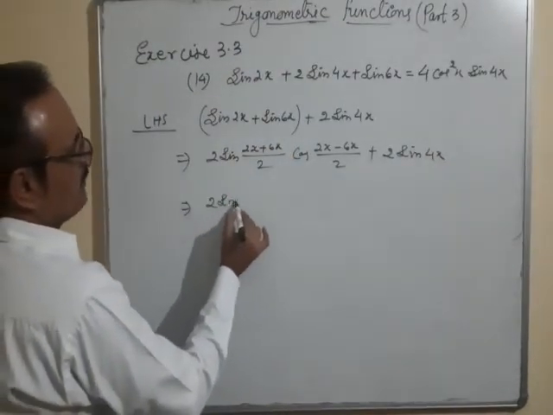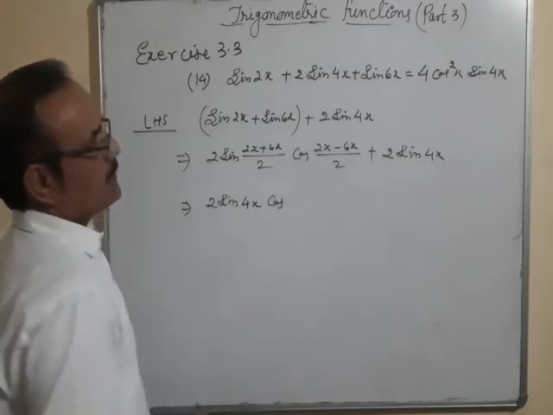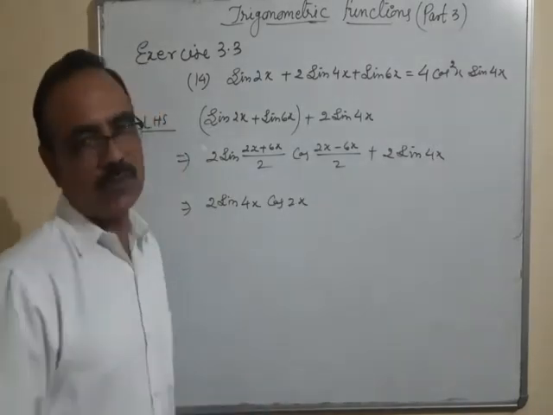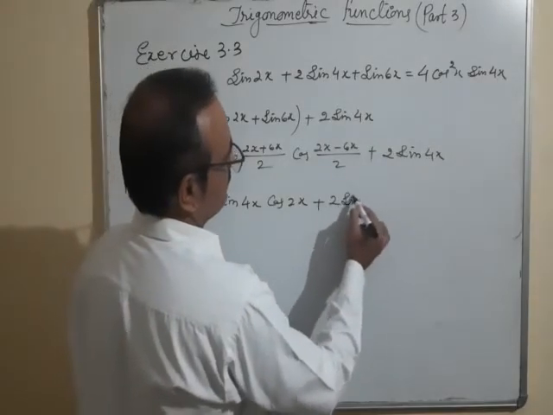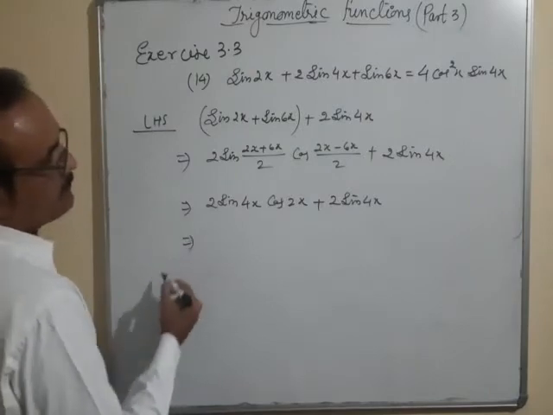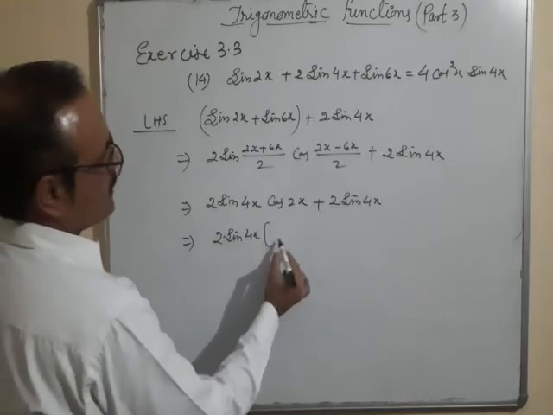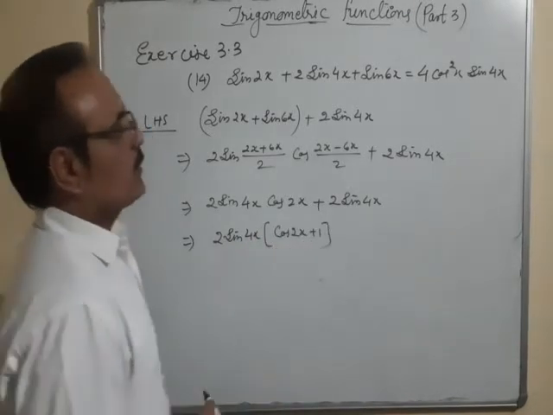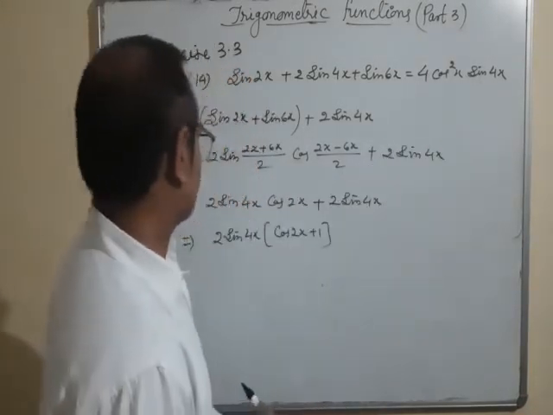2 sin of 8x by 2, that is 4x, into cos of (2x minus 6x)/2, that is minus 2x, which means it is plus 2x because cos(minus theta) is equal to cos theta, plus 2 sin 4x. Okay. May I take 2 sin 4x common? What is left? Cos 2x plus 1. Okay. But on the right hand side, we need 4 cos square x and sin 4x.